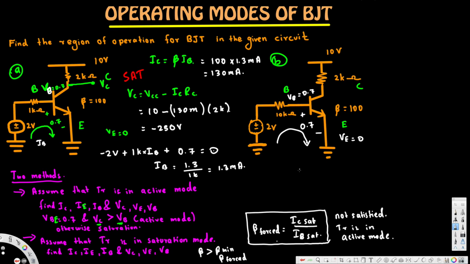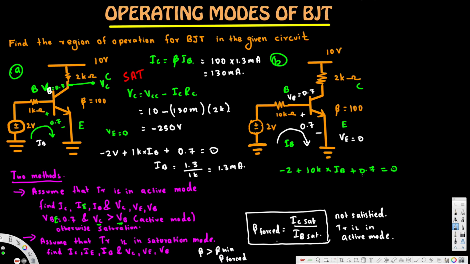Then we can find out the current using Kirchhoff's voltage law again. Let's use KVL. Minus 2 plus, here we have 10K. Previously we had 1K. Here we have 10K. 10K times IB, then plus 0.7 should give us 0.